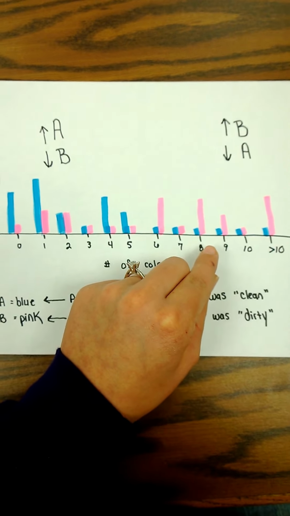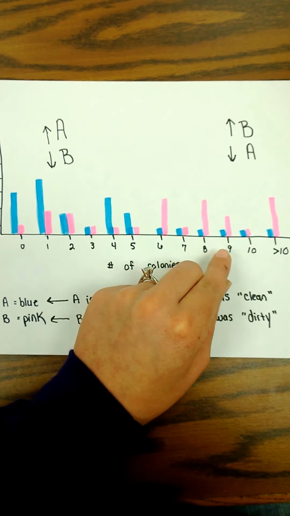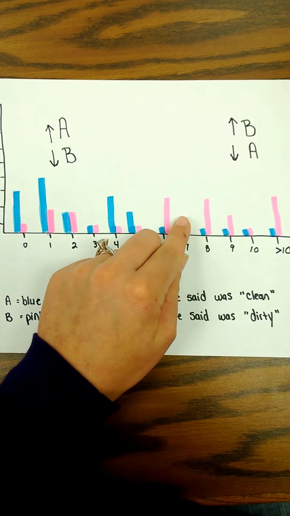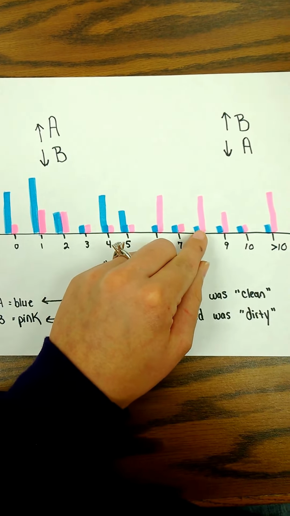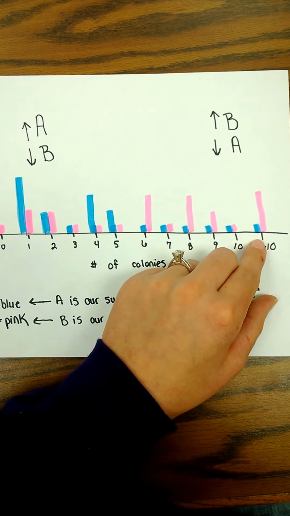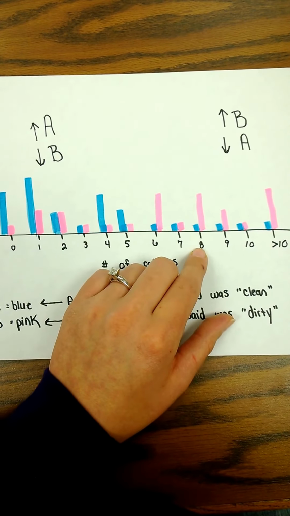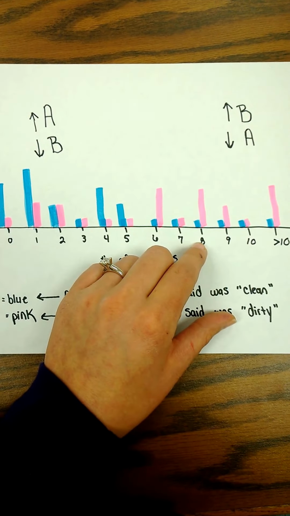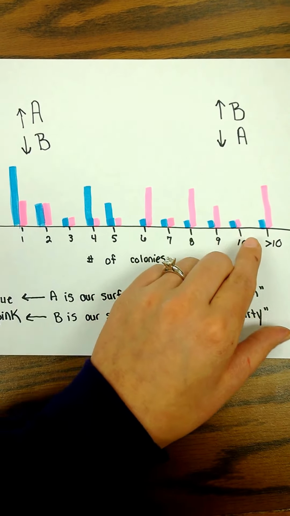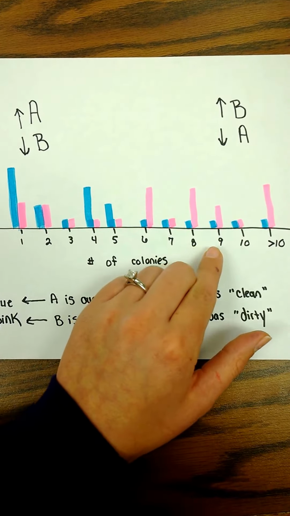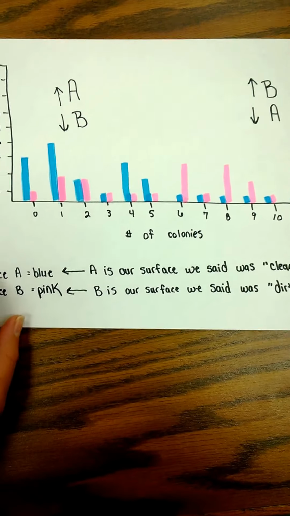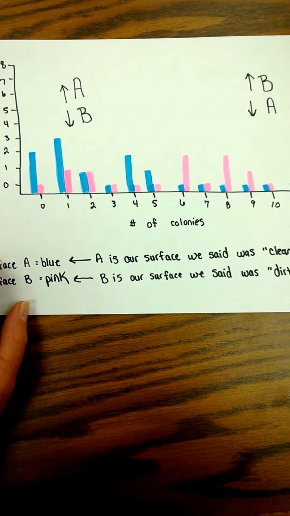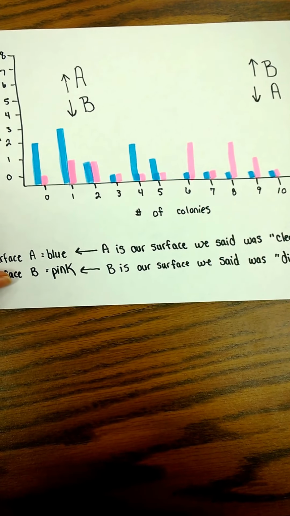On this side of the graph, we can see that surface B, our pink bars, are higher than surface A, our blue bars. Just by looking at this, we can see that surface B has higher numbers of bacteria on this side of the graph. So visually, we can start to uncover patterns in our data.